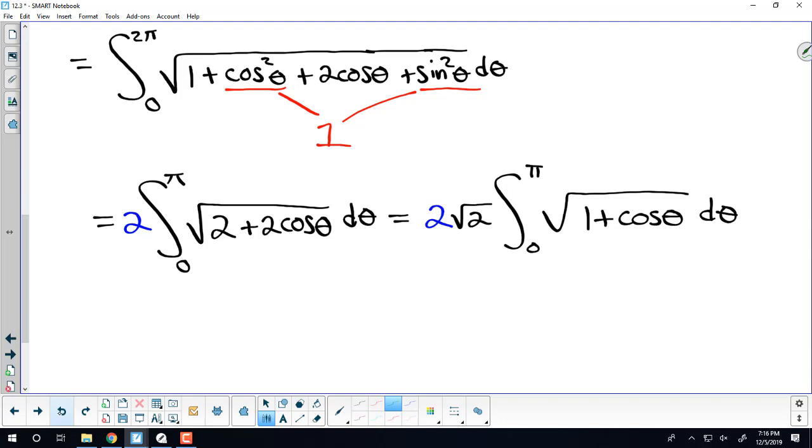What about this one here? Does that 1 plus cosine of 2 theta look like it came from something else? Remember this?